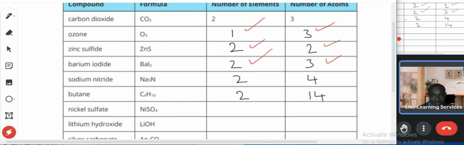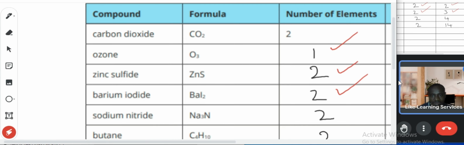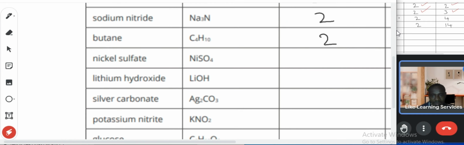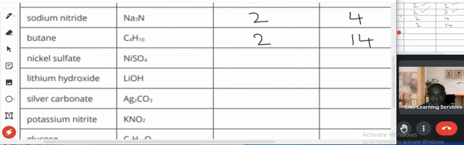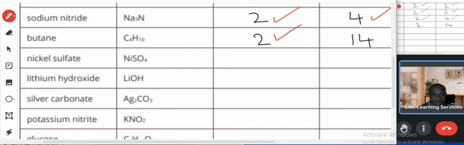Let me zoom in properly so that we can see it better. There are 3 atoms of sodium and 1 atom of nitrogen, so altogether 4. That's correct. Two elements, carbon and hydrogen, and 14 atoms altogether, correct.